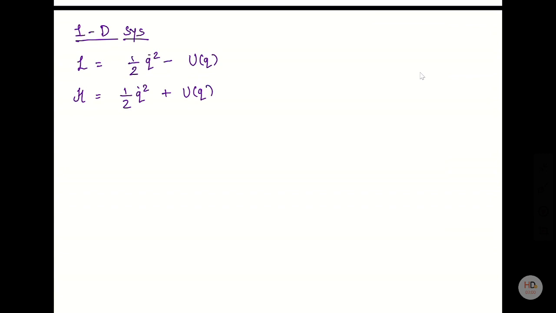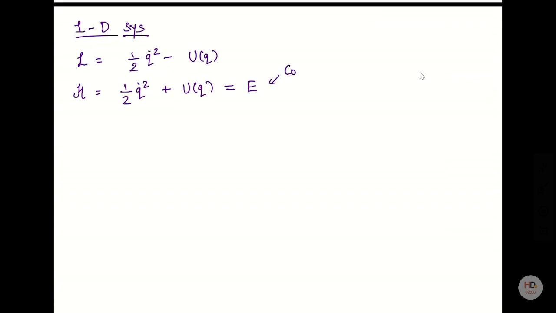And then we can solve this system by considering that this is a constant number e. This is constant, which means I can write q dot as, what would it be?